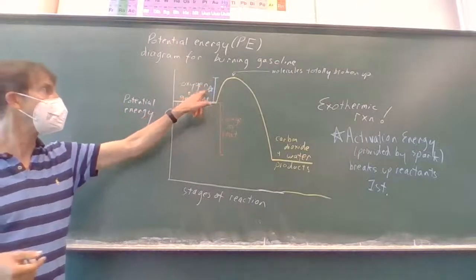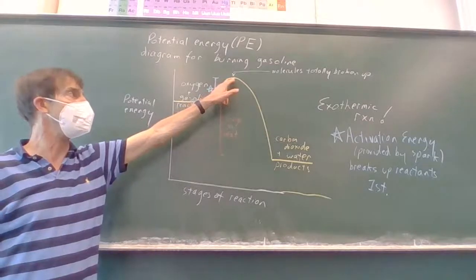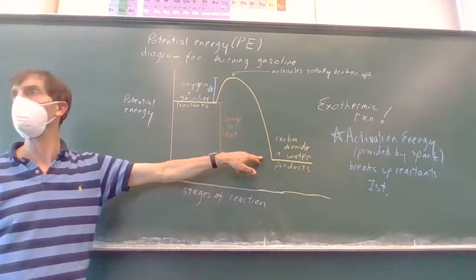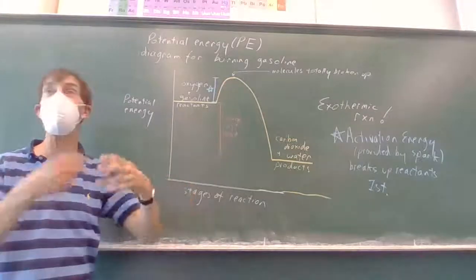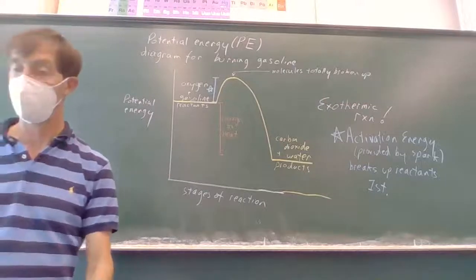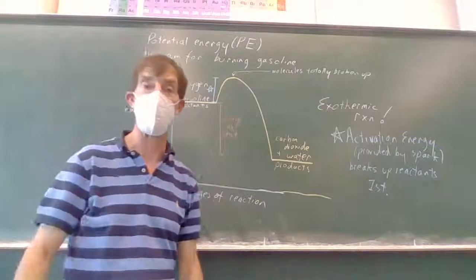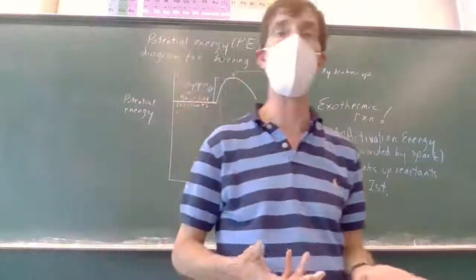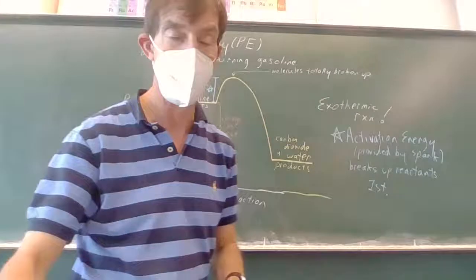Break bonds in the gasoline and oxygen, break it apart, and then we go over the hill. Whoa, make new bonds. And if the new bonds are really low energy, I release a lot of heat, and that's the orange. So all of chemistry is about that one phrase. I break bonds, and then I make new bonds. That's the whole science of chemistry.